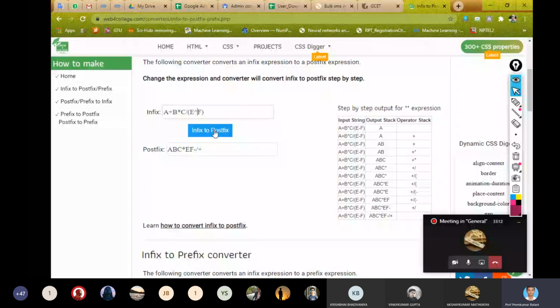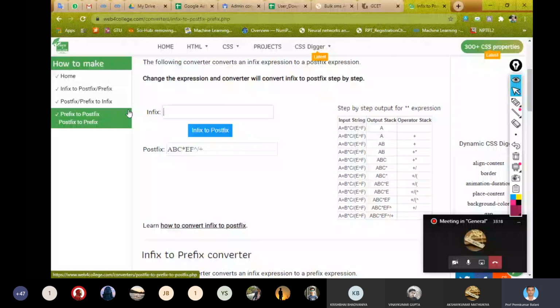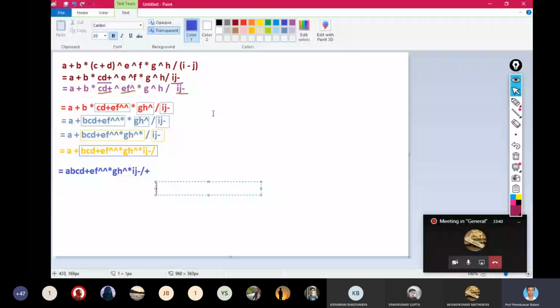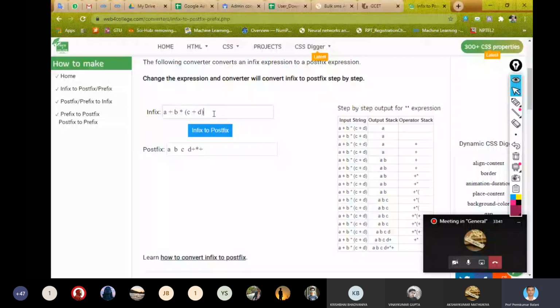What was the expression? A plus b into c plus d, raised to e raised to f, multiplied by g raised to h, divided by g divided by, in the brackets, i minus j.